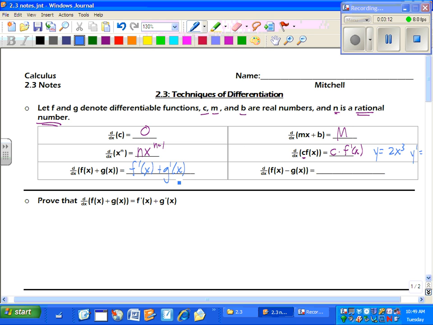All right, it's pretty simple. We just take the derivative of each and then add those. It has the same property as limits. Remember, a derivative really is a limit. We can take the limit of one plus the limit of the other. Same with derivatives. Same with subtraction. So here we'd have the derivative of f of x minus the derivative of g of x.